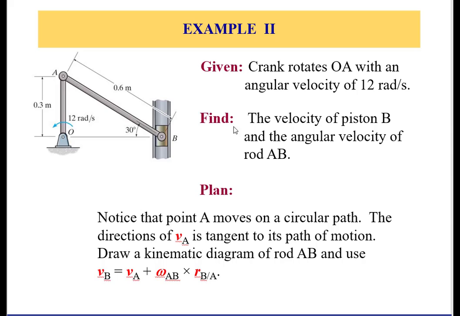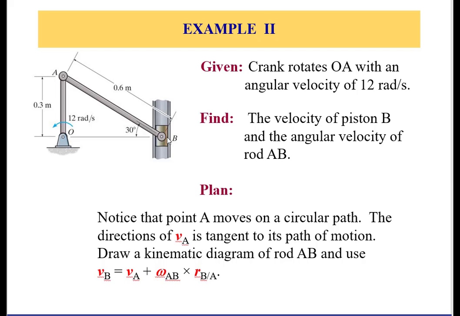What we want to find is the velocity of the piston B and the angular velocity of link AB at this instant, 30 degrees. As this is rotating counterclockwise, we expect B to go upward, probably.